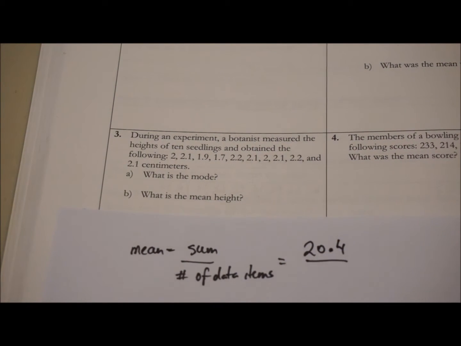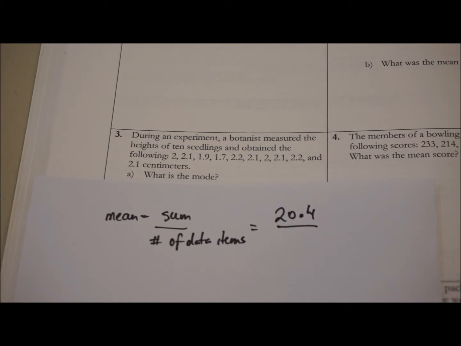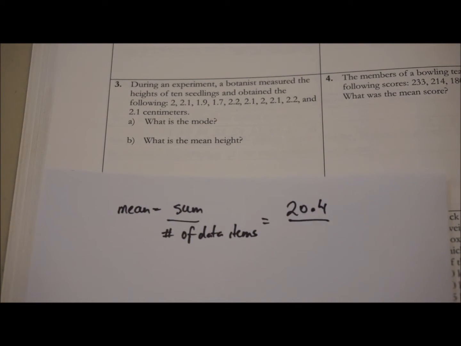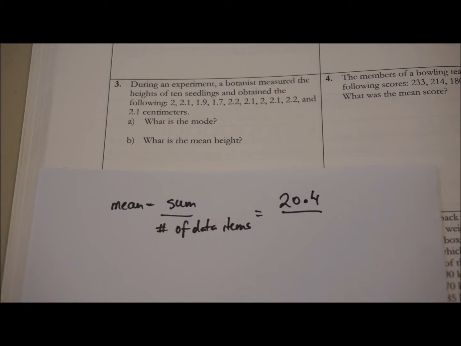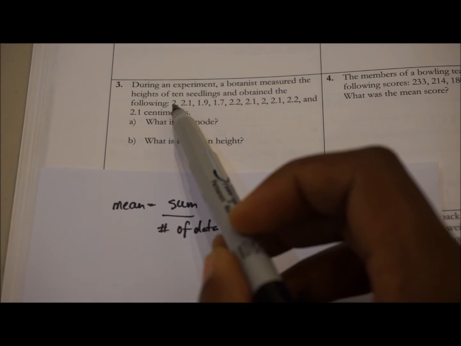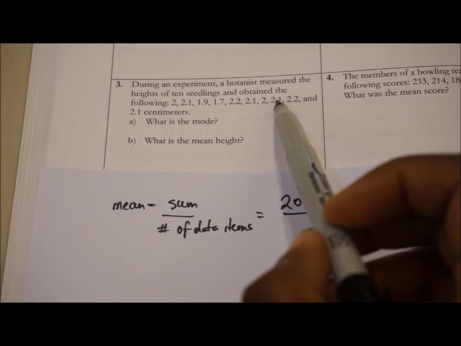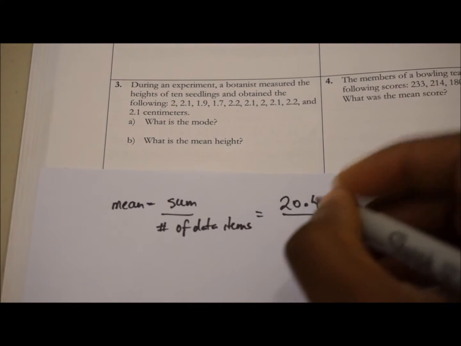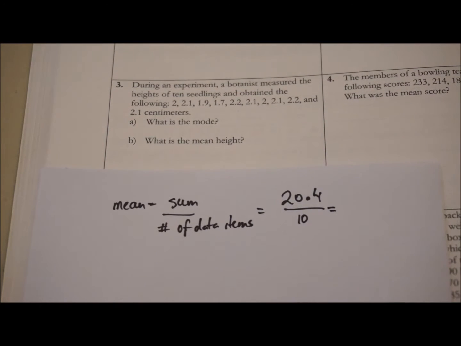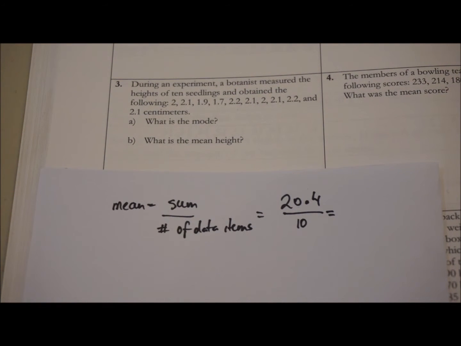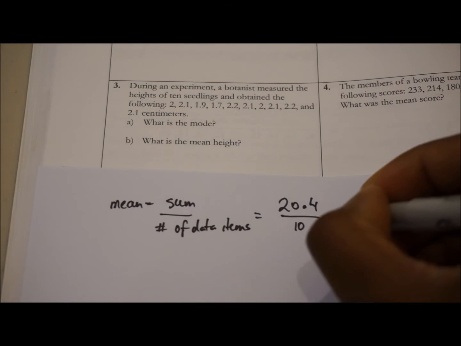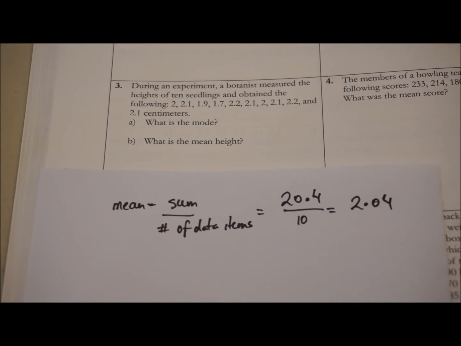20.4. Now 20.4 divided by the number of data items that we have. We have 1, 2, 3, 4, 5, 6, 7, 8, 9, 10 data items. So 20.4 divided by 10 is 2.04.